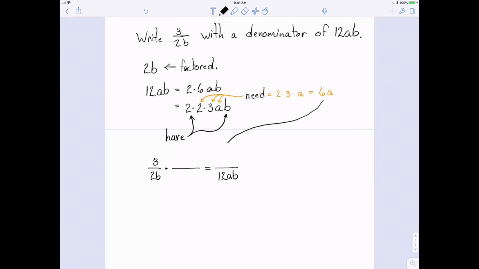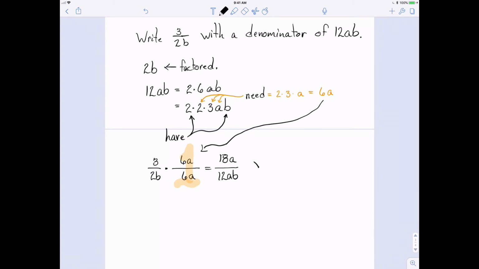And the 6a then goes into both positions. 6a goes in the numerator, 6a goes in the denominator, and the reason we can do that is that 6a divided by 6a is just the number 1. 1 doesn't change the value, but in this case, we're using it to change the appearance. So 3 times 6a, that's 18a, and 2b times 6a is 12ab.